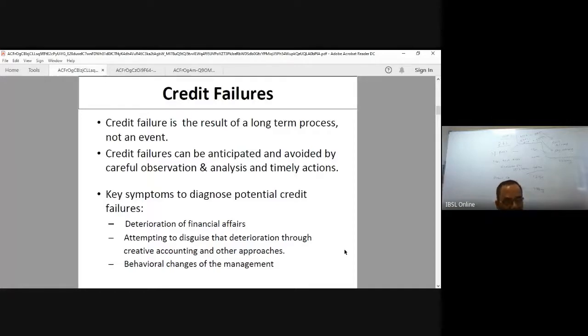But if we had identified the problems early, and then if we had discussed with the customer, if we had put brakes on him, for example, when the share market is going up, let us say you have a car dealer in your portfolio, a car dealer to whom you have given a line of facilities.